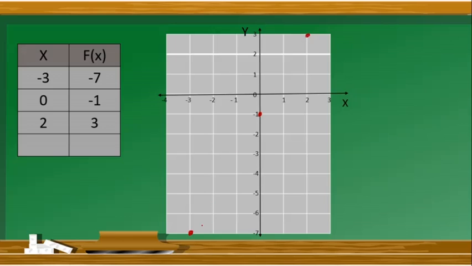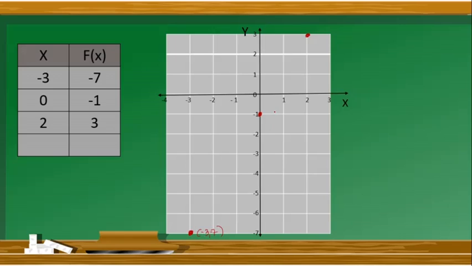So how are we going to write the ordered pairs? For this point, the value of x is negative 3 and your y is negative 7.